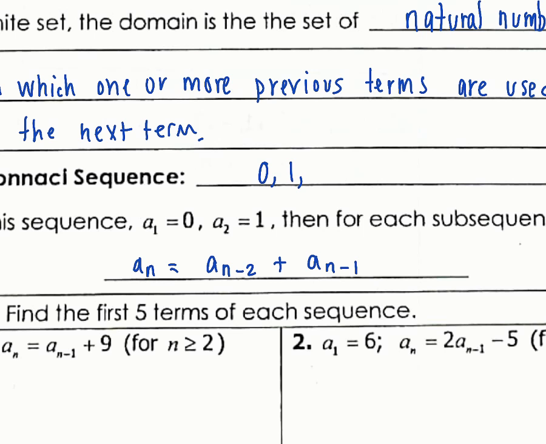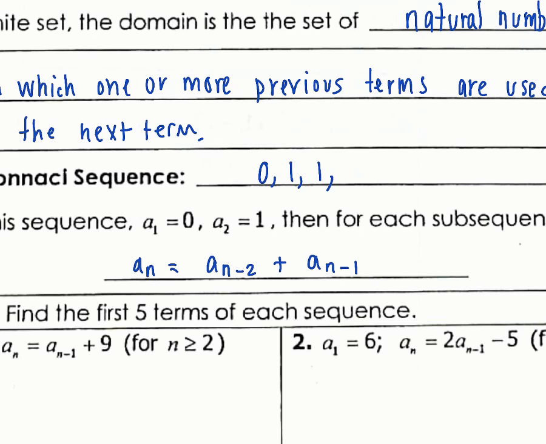So this says a sub 1 plus, what's 3 minus 1? 2. So this says a sub 2. So to find a sub 3, we got to take a sub 1 and add it to a sub 2. Well, what was a sub 1 and a sub 2? 0 and 1. 0 and 1 were a sub 1 and a sub 2. So what is 0 plus 1? So to find the third term, I had to add the first two terms.